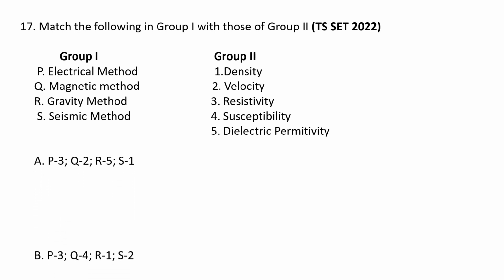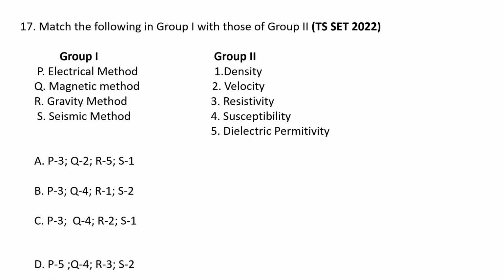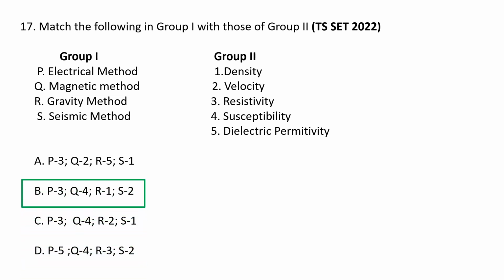The choices are A, P3, Q2, R5, S1; B, P3, Q4, R1, S2; C, P3, Q4, R2, S1; and D, P5, Q4, R3, S2. By matching the methods in group 1 and group 2, B is the correct answer.